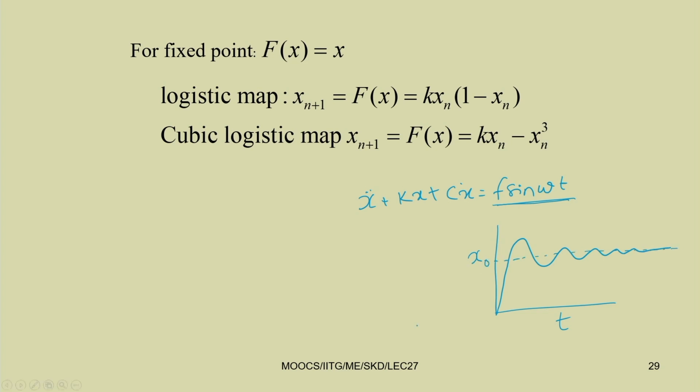From a given initial point, you can plot the time response. When using Runge-Kutta methods, you can use 4th and 5th order Runge-Kutta, or ODE 4-5 in MATLAB. You have used ODE 4-5 in MATLAB to plot this.